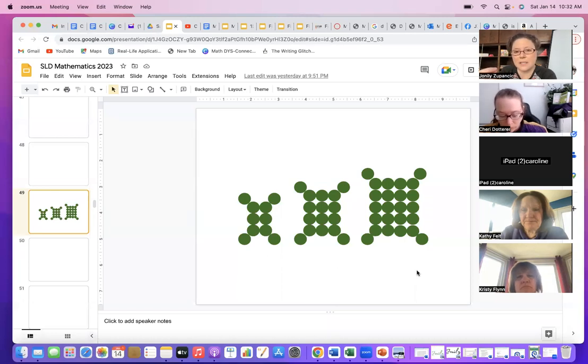Students with disabilities, what holds them back even more than the content and the learning is their emotions. They are constantly in fight or flight. They're in fight or flight because we are forcing them into answer getting and solving more often than thinking, reasoning, and sense making.